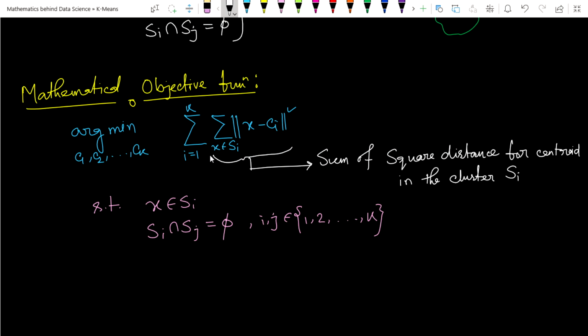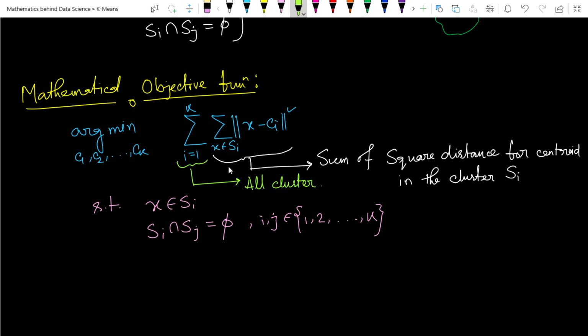Okay, and these summations are denoted for all clusters. This second summed value means it is taken over all clusters. That's what you get for all clusters.